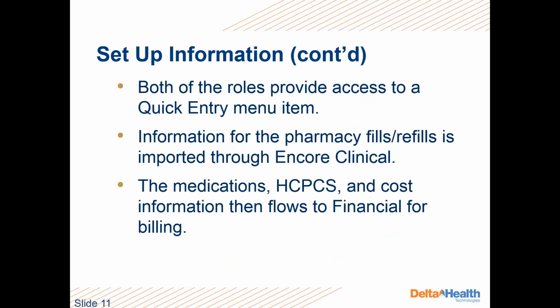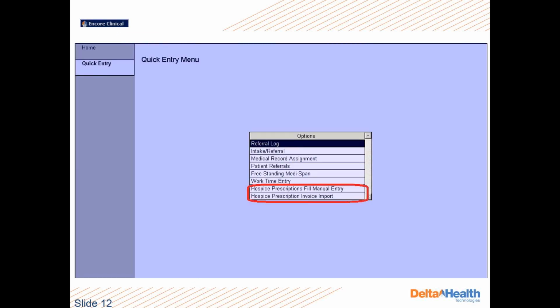This is where you're importing the information on pharmacy fills and refills through Encore Clinical's quick entry menu. Things such as the medication, the HCPCS, cost information, etc., then flow to financial for billing on hospice claims. Slide 12 gives us an illustration of what those 2 entries look like in the quick entry menu.